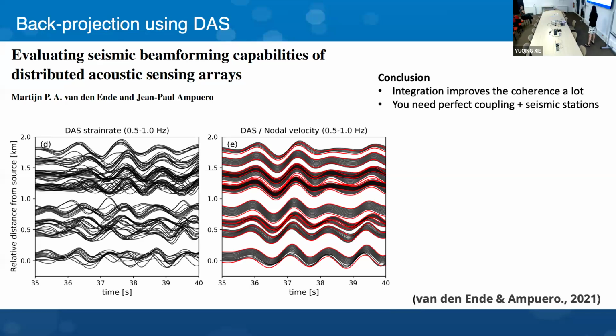That means your back projection result will be much more stable. But at that time, they argued that you need perfect coupling and a co-located seismic station. That's not possible for, for example, the ABYSS project cable, because the coupling is changing everywhere. Only when you install the cable very carefully can you get this perfect coupling.